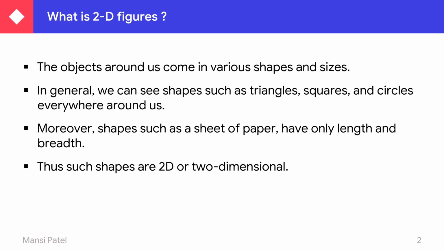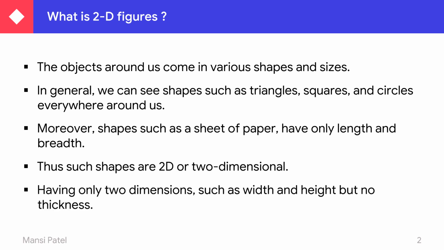A circle does not have any kind of length and breadth, but rectangles, squares, triangles all have two dimensions, that is length and breadth, such as a width and a height, but they don't have any thickness. These shapes are known as 2D figures.